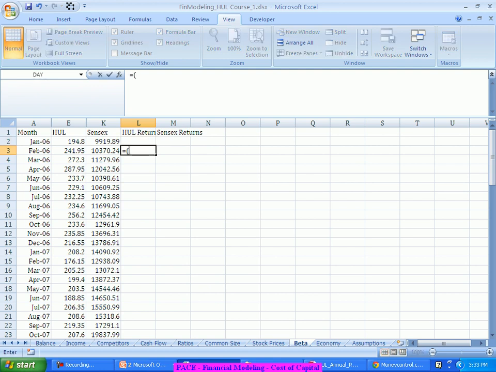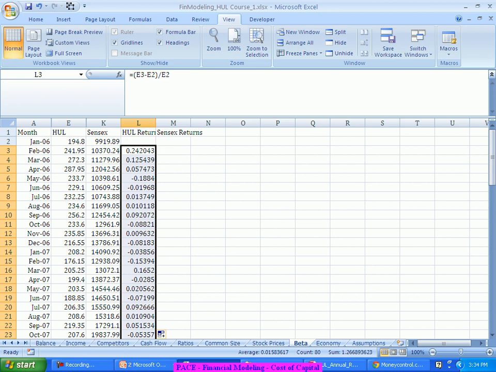So return is this value minus the previous value divided by the previous value. That is the definition of a return. Final value minus initial value divided by the initial value. So the return for that month is a 24% return. Similarly, I can do it for every month.